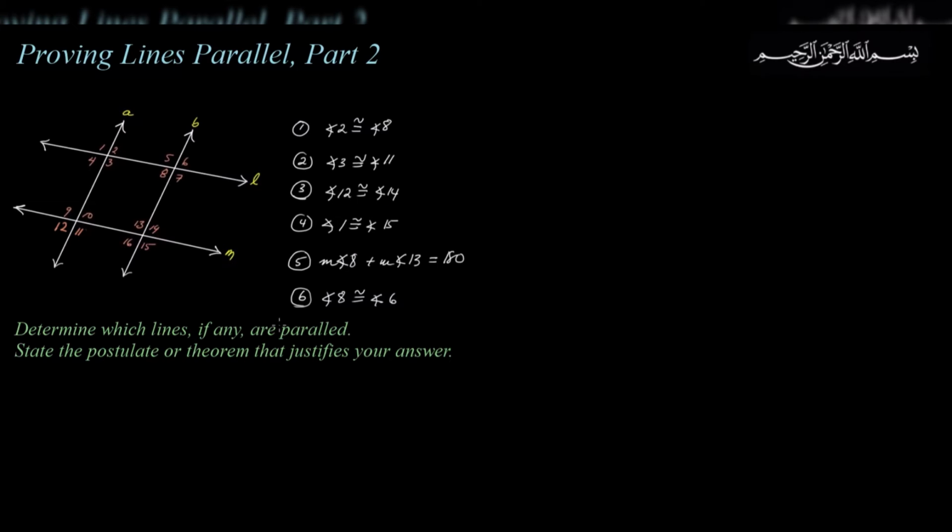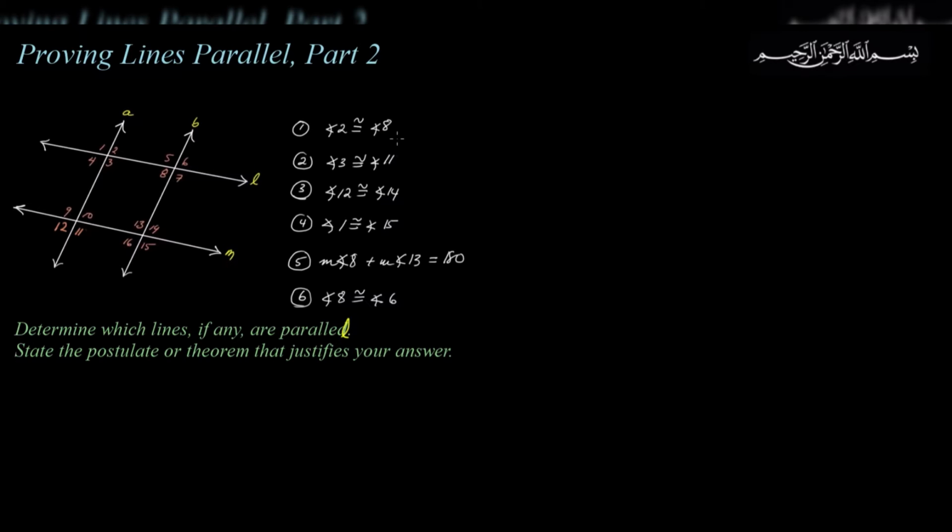So our job is to figure out if any of these lines are parallel. State the postulate or theorem that justifies your answer. We're supposed to go through these six questions with the given information and determine if any of these lines are parallel or not. Okay, let's see.